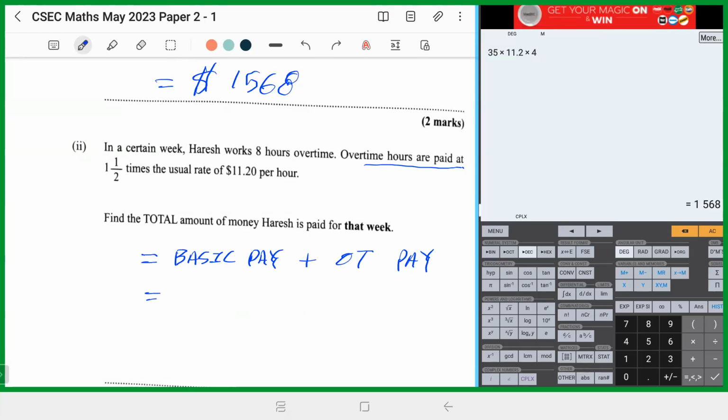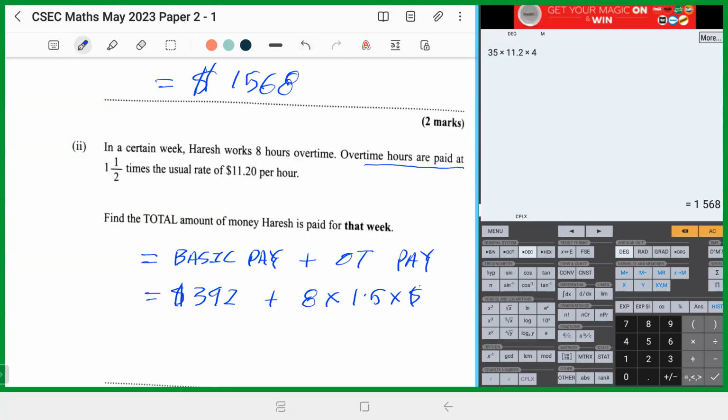So it's 392 plus the overtime pay now. Firstly, the overtime rate is 1.5 times this, and he did 8 hours. So basically, let's multiply those values. Right? It says 8 hours overtime, 8 times the overtime rate. And the overtime rate now is 1.5 times the regular rate.